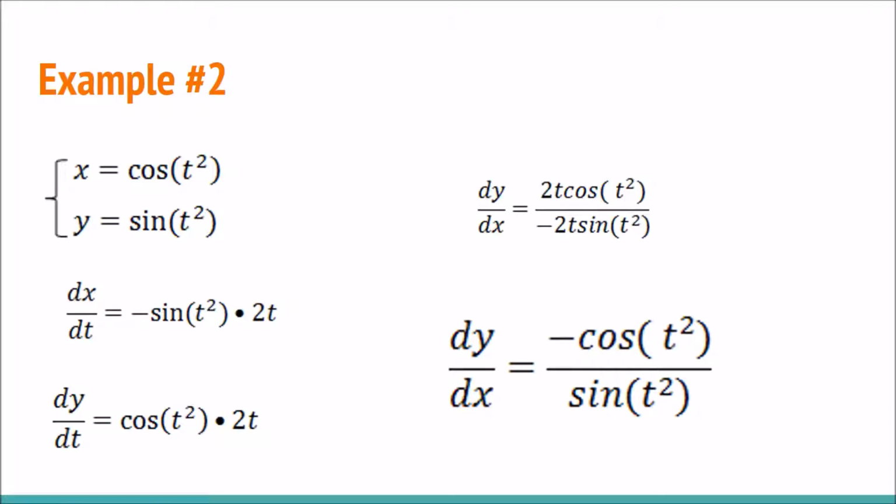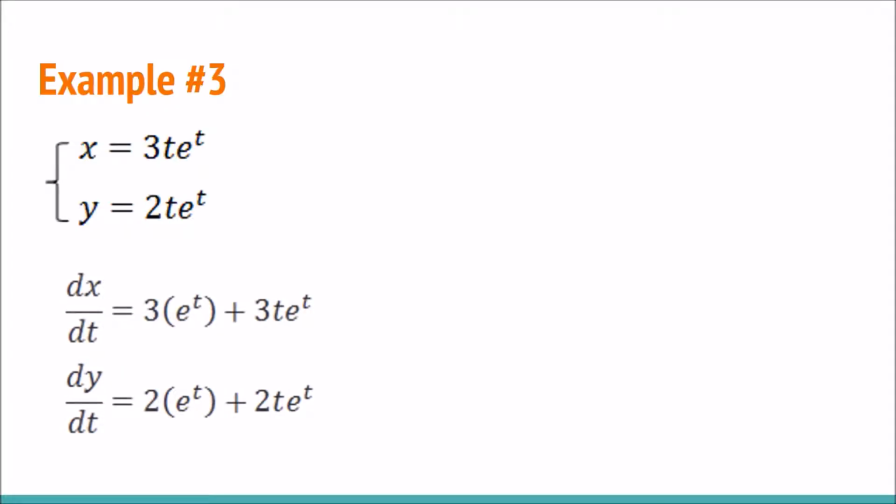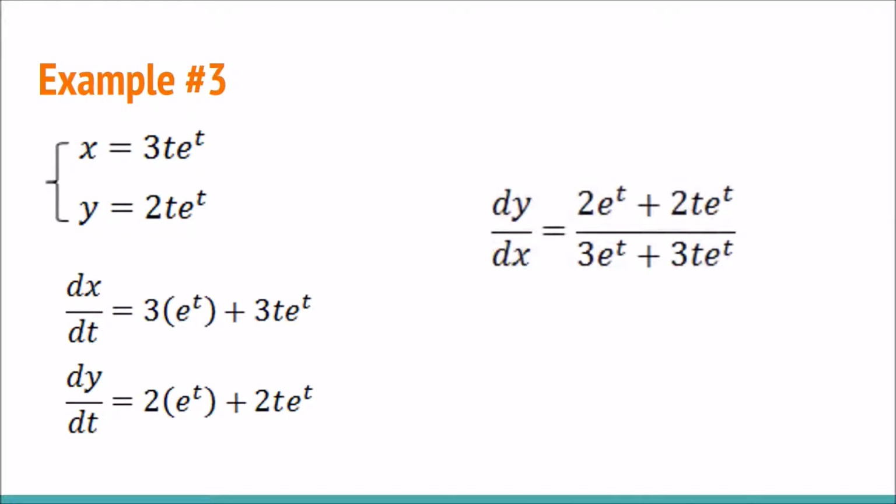If we have parametric equations of x equaling 3t times e to the power of t and y equaling 2t times e to the power of t, when we take dy over dx, we get 2 times e to the power of t plus 2t times e to the power of t divided by 3 times e to the power of t plus 3t times e to the power of t.